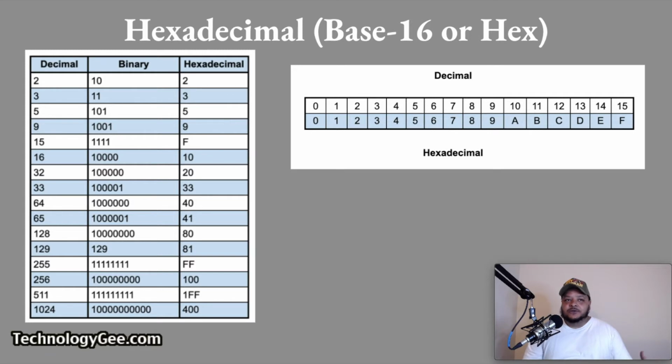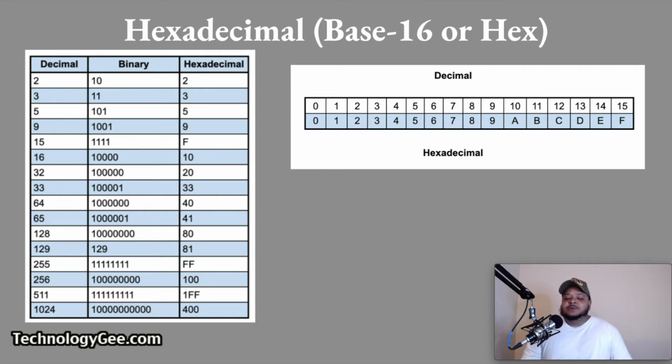So the numbers 0 through 9 are the same in hexadecimal notation. Now, when you get to the symbols, letters A through F, they are going to be equivalent to the values 10 through 15 in decimal notation. And so in hexadecimal, you will have a grand total of 16 digits, starting with the number 0, going all the way to the symbol F.